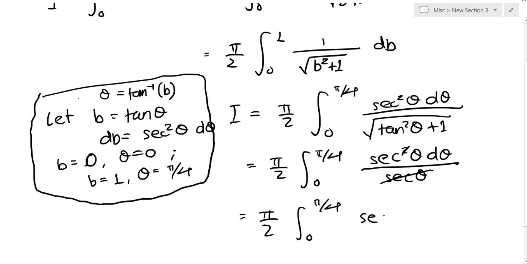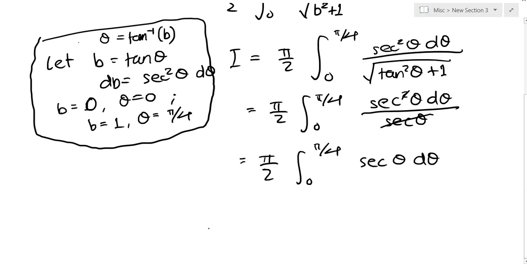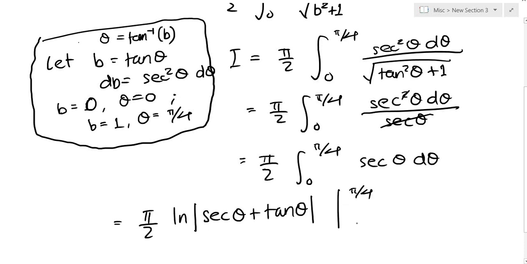of just the secant of theta d theta, and now we have another formula for the integral of secant of theta. That's namely, pi over 2 as it is, the natural log of absolute value, because we can't have a negative inside a natural log, of secant of theta plus tangent of theta, evaluated from pi over 4 to 0.